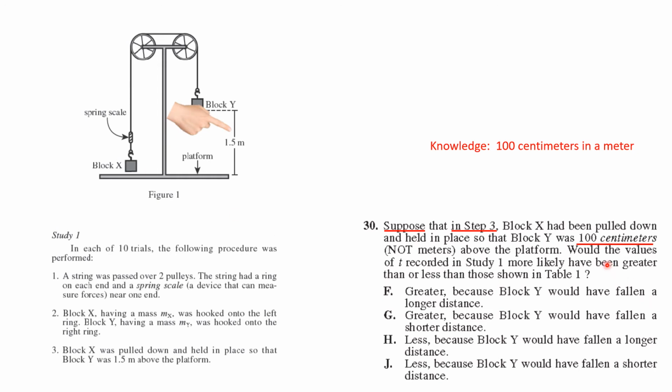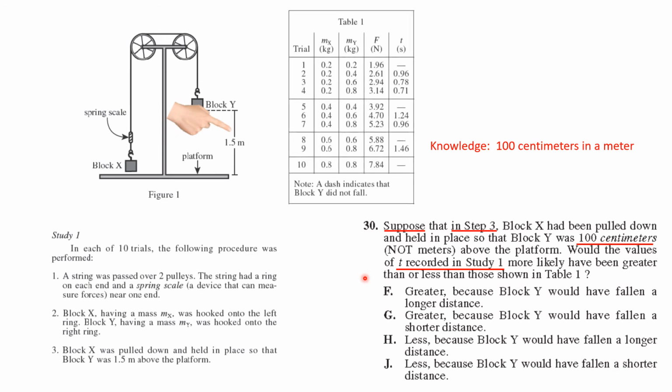Would the values of T recorded in study 1 more likely have been greater than or less than those shown in table 1? If it's lower, the time it takes to hit the platform is going to be less. And so the answer has to be J, because block Y would have fallen a shorter distance.